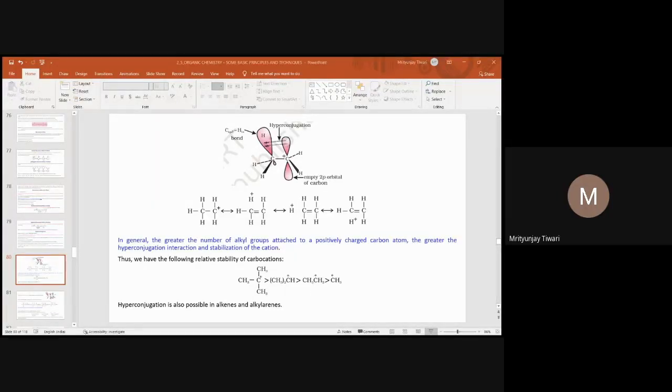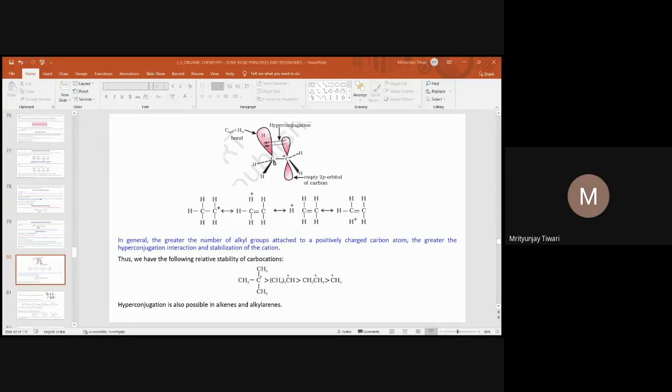So there will be no partial overlap between the CH sigma bond and the empty p orbital, and thus no hyperconjugation interactions in this case. So here hyperconjugation wins over the plus I effect. The stability is determined mostly by the hyperconjugation effects.